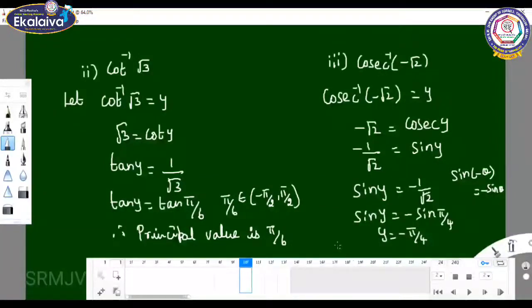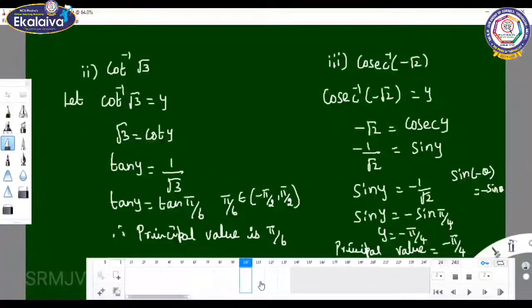What is the principal value here? Principal value equal to minus pi by 4. Minus pi by 4 belongs to the closed interval minus pi by 2 comma pi by 2.